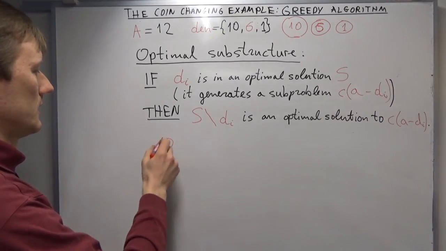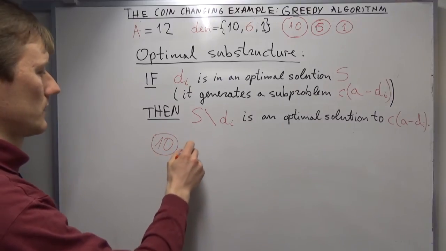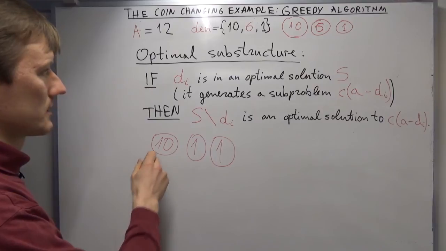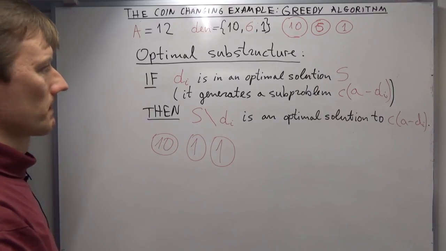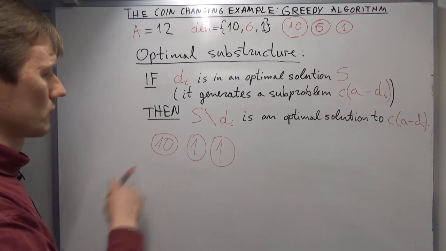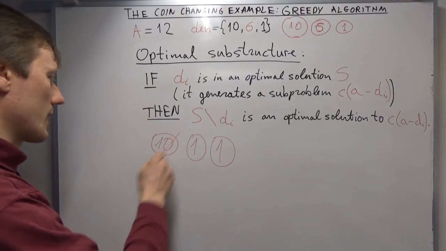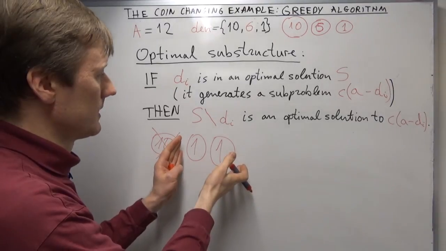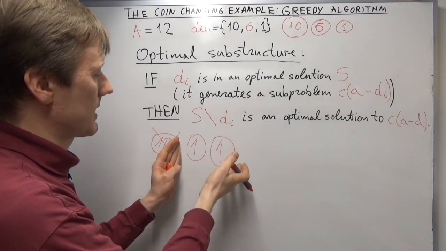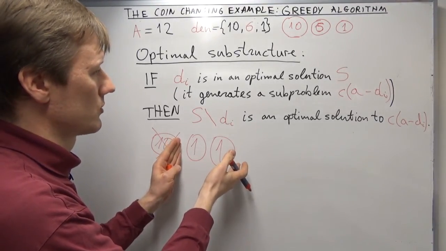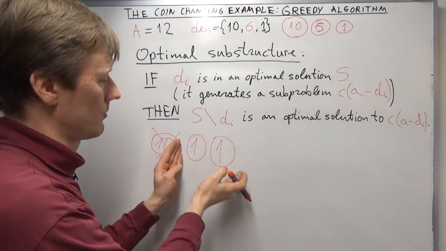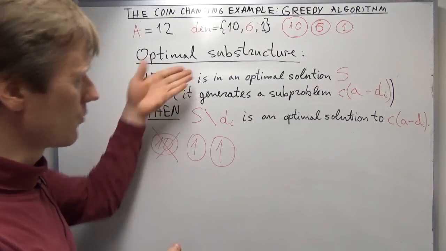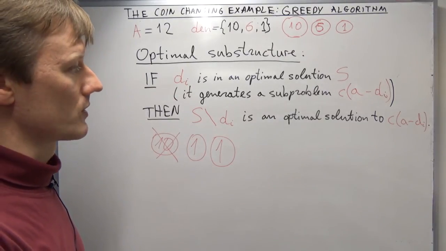If you had this kind of solution, and you know that 10 is part of it, then you just have to show that the rest of the optimal solution is an optimal solution to a subproblem of changing 2 krona. Obviously it is in this case. And for this situation, this is very obvious.